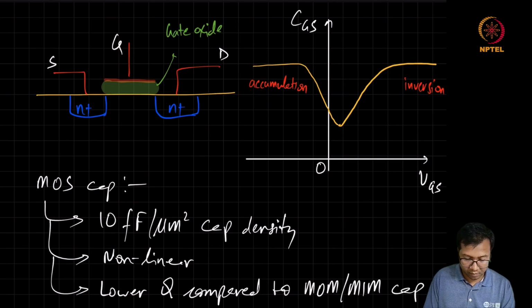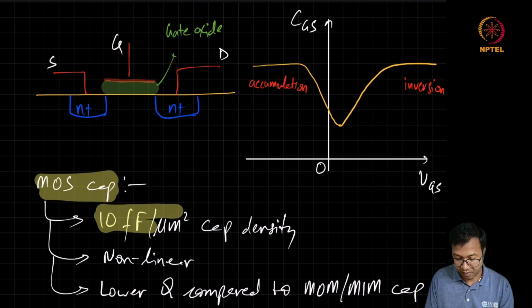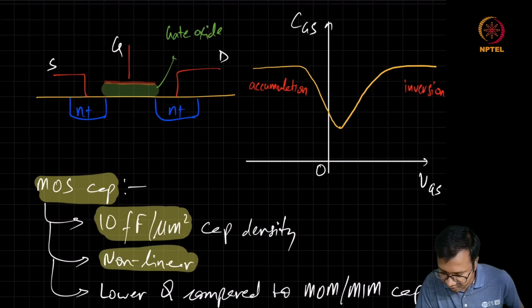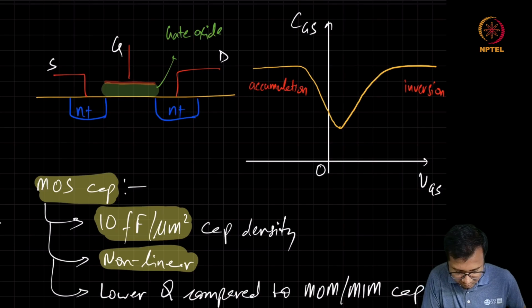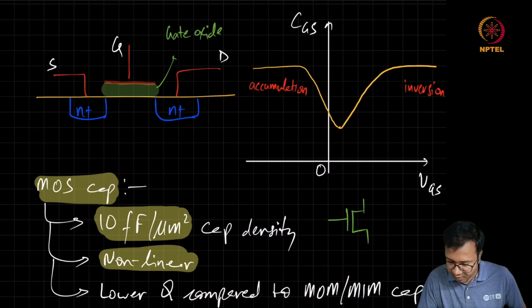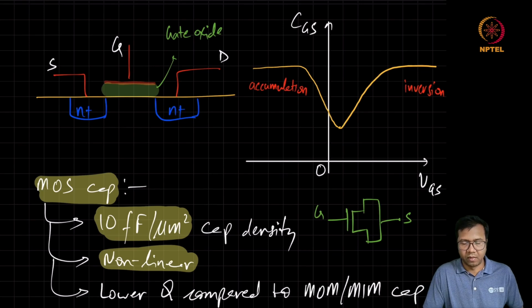But still, it is extensively used whenever we have a high cap density requirement. When using MOS as a capacitor, it is better to short the source and drain together to form the second terminal. So this is the gate, and the source and drain are shorted together to form just another terminal.